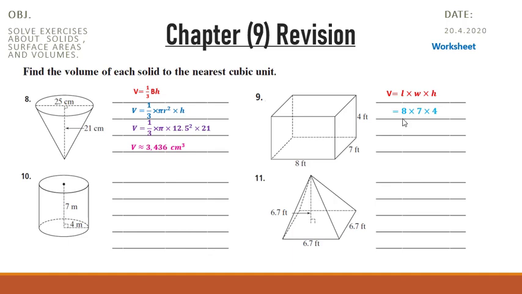I think you said 8 multiplied 7 multiplied 4, right? Yes. Just use your calculator, you'll find the answer, which is 224 cubic feet. There is no scale in this. Thank you, Hassan. Great work.